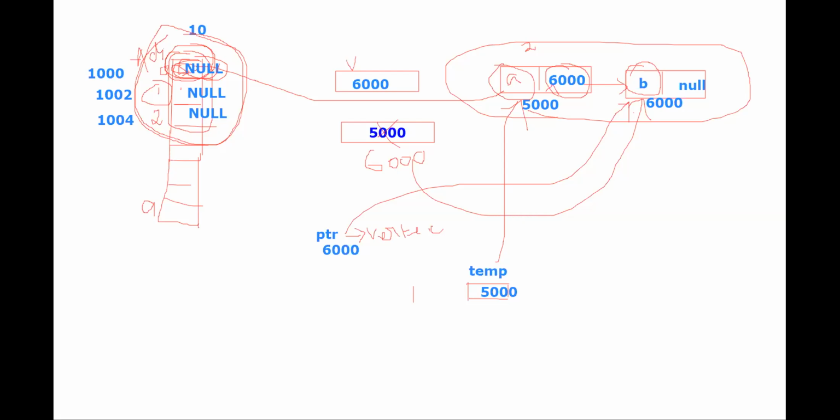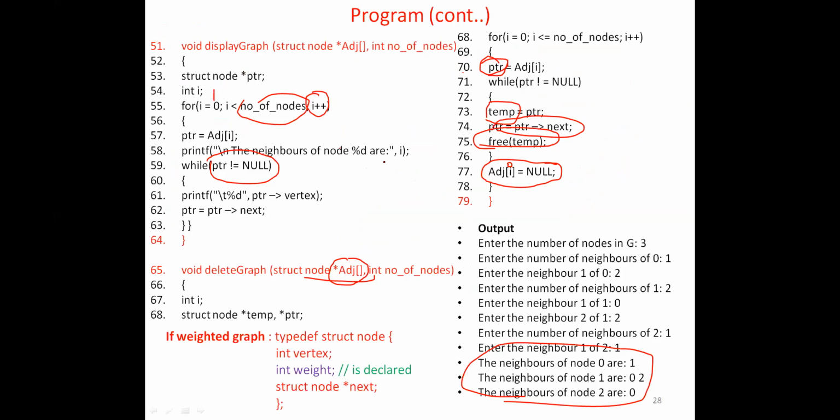So this program tells about how a graph is created, how a node is deleted or displayed. For example, we didn't tell about including a new node into the graph. For example, we have A, B, C, 3 nodes in a graph. I want to add another node D. To insert a new node, we can create another function also.